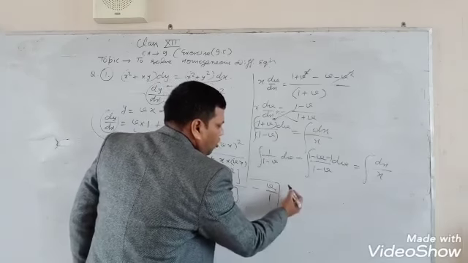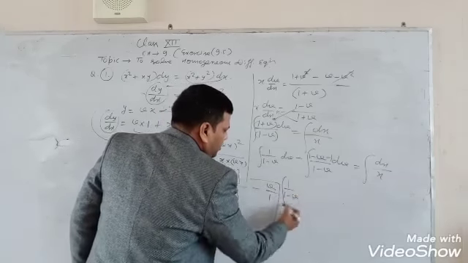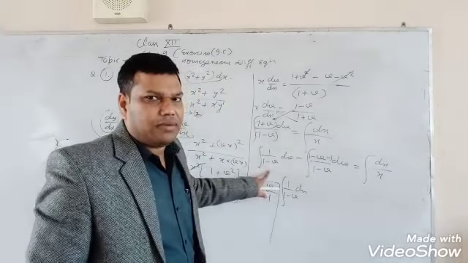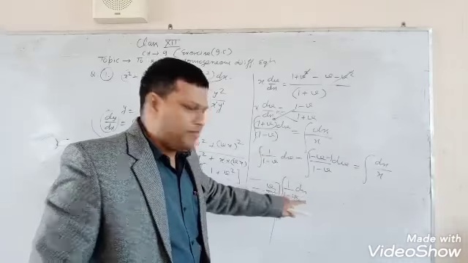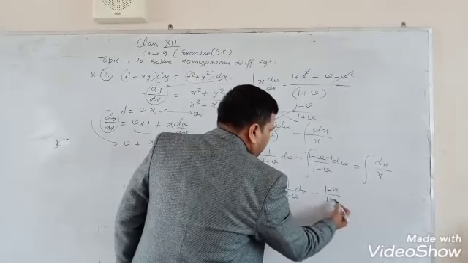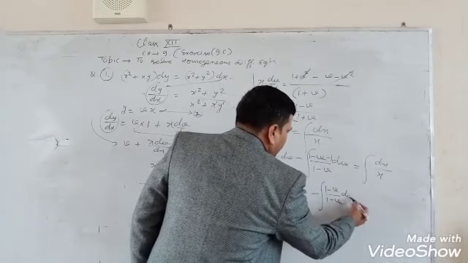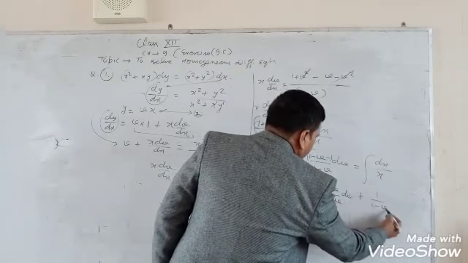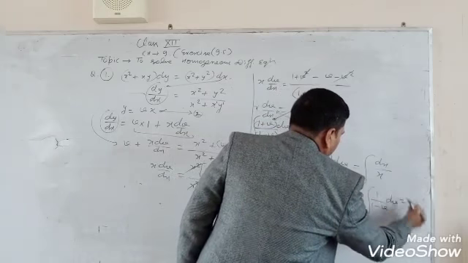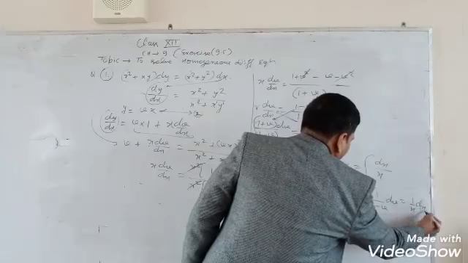It is obviously log. This one will be 1 upon x type of formula, that must be log x. So we will do that later on. But (1 minus v) upon (1 minus v) into dv plus 2 upon 1 minus v into dv is equal to 1 upon x dx.